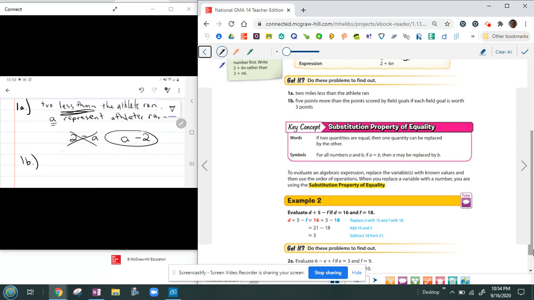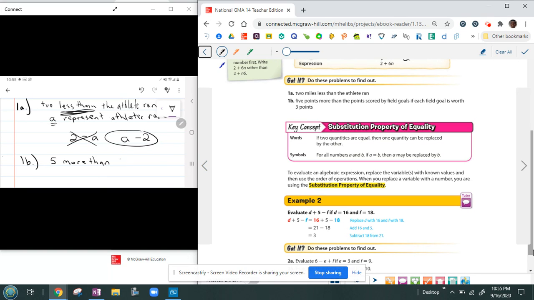All right, 1B. 5 points more than the points scored by field goals if each field goal is worth 3 points. So I'm guessing they want you to figure out the total points scored. All right, so we're doing 5 more than the points scored by field goals.